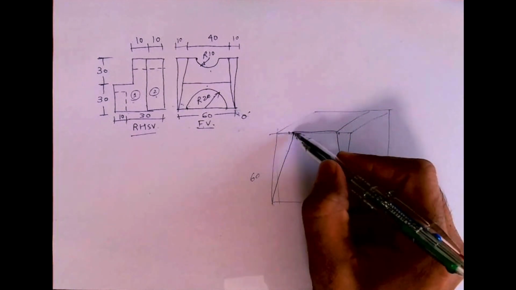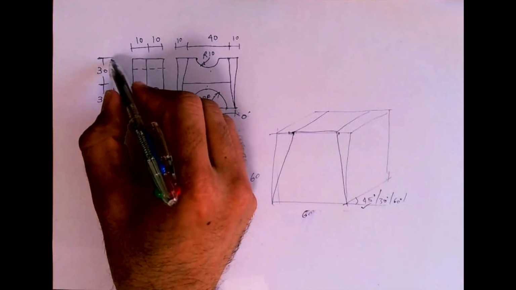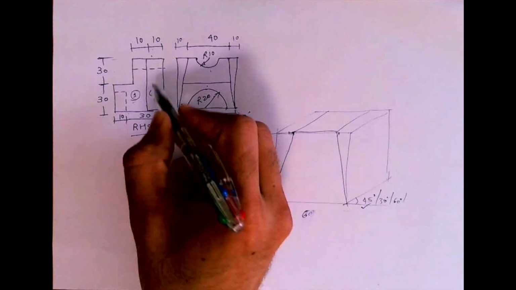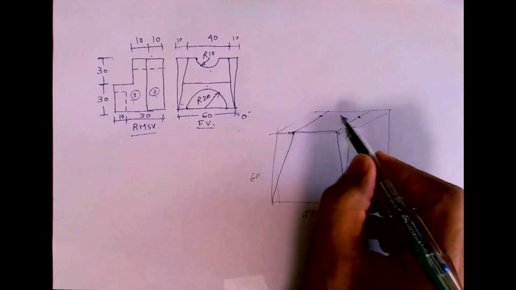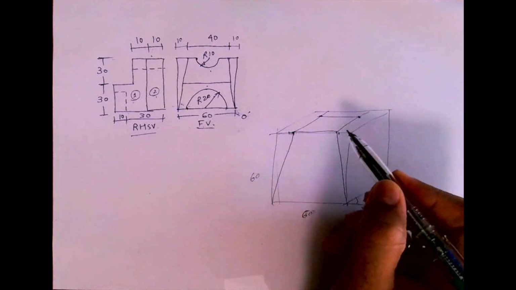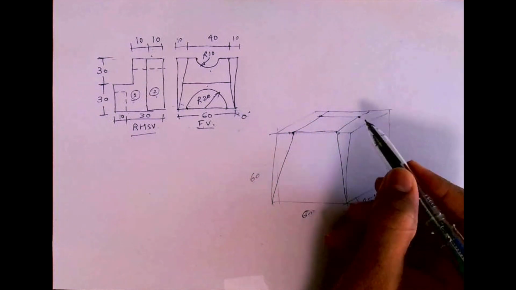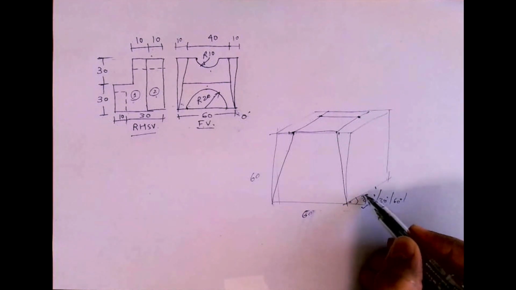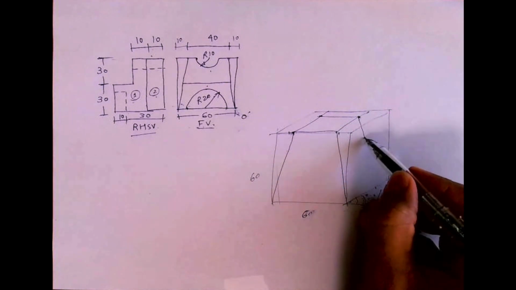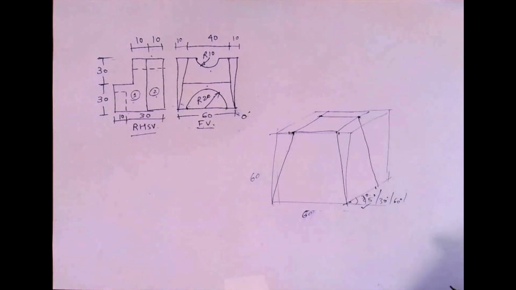Now whatever is there, it's the same thing is behind. Now how much it goes behind? 30. See, total is 40, this is 10. So you take 30 behind and you can complete that slope. From here also you take 30 and join this slope. So we are done with slope.